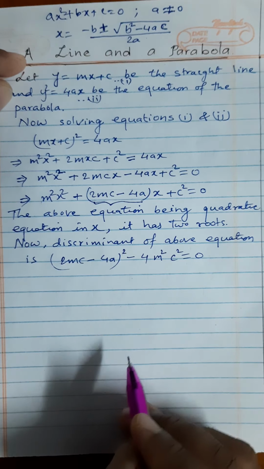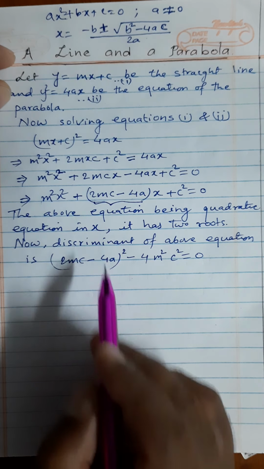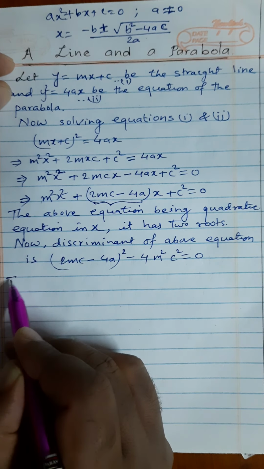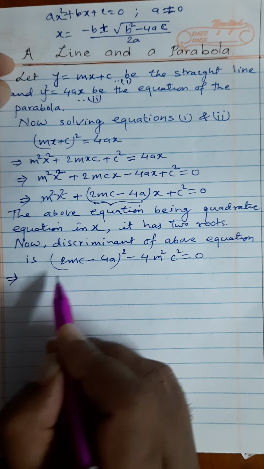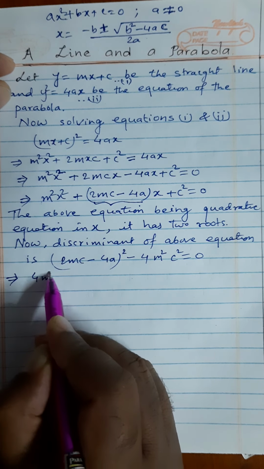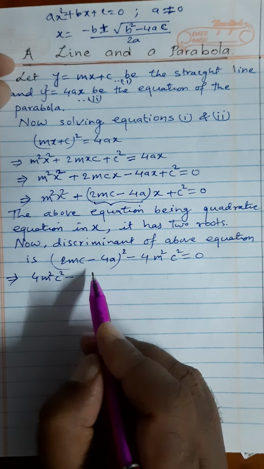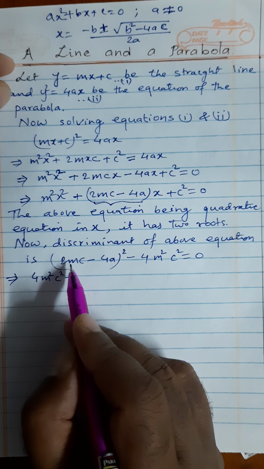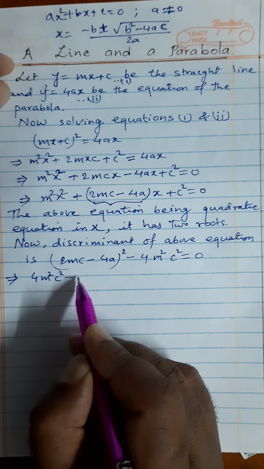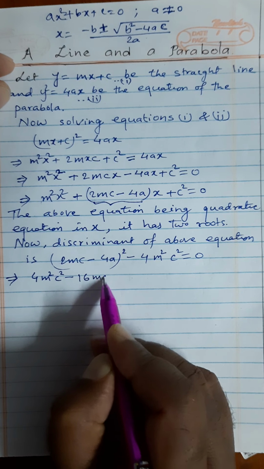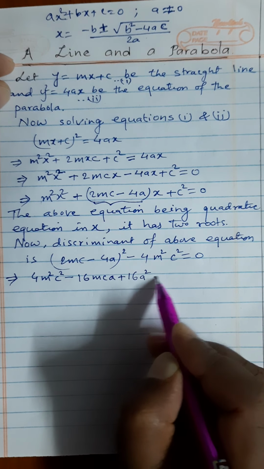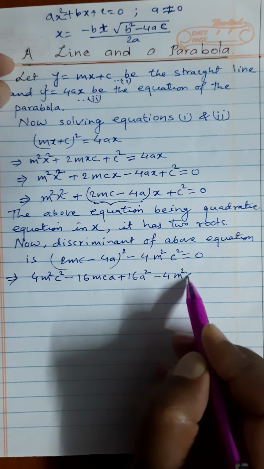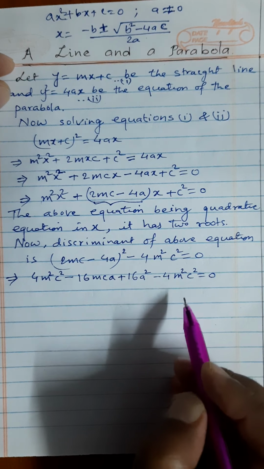This is the discriminant of the above equation. Now let us expand this using the (a minus b) whole square formula. This is 4m square c square minus 16mca plus 16a square minus 4m square c square.